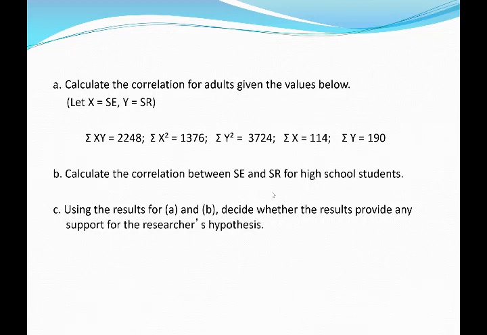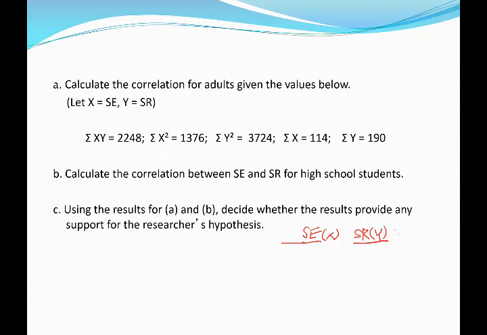In question B, it says to calculate the correlation between SE and SR for high school students. Now here they give you no totals. You have 10 cases and you have the raw data. So you want to create a table like you saw earlier, adding all the totals for height and self-esteem in that example. You want the SE column, that's your X variable, and then your SR, that's your Y variable.